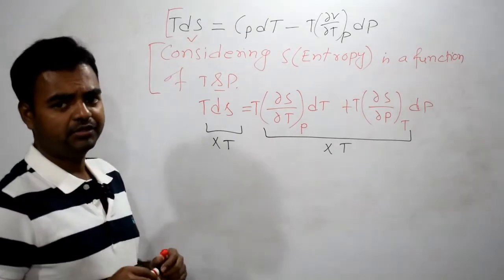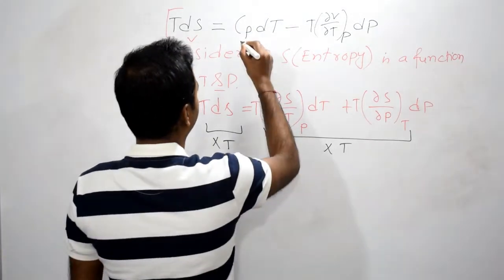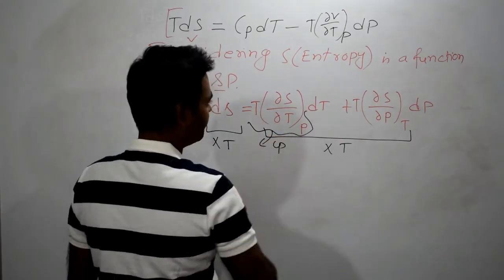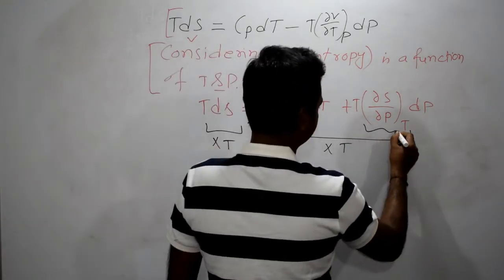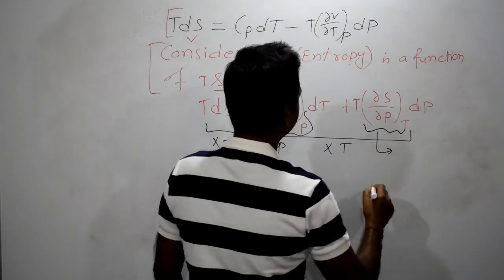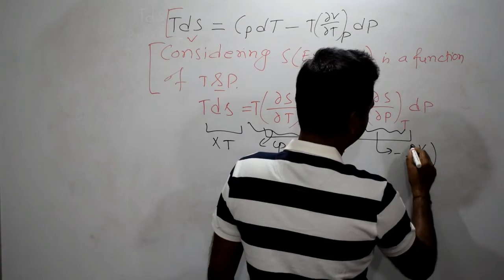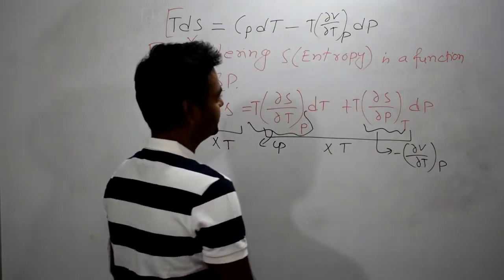Now, very important, this whole term is Cp, and this part is minus (∂V/∂T) at constant pressure.